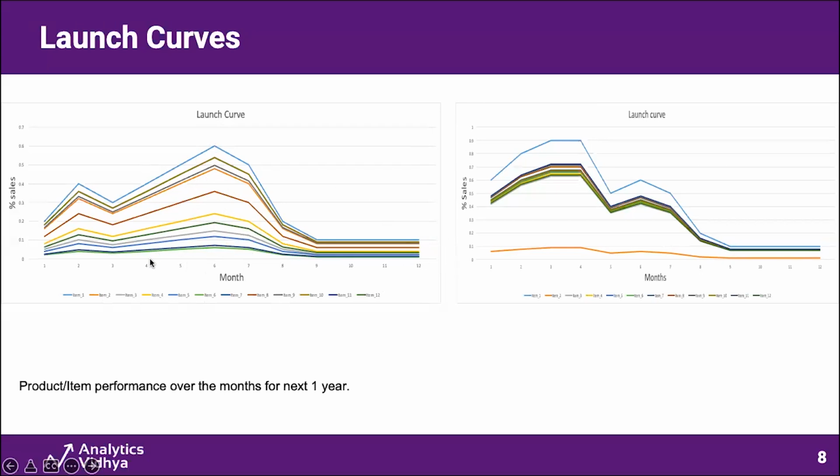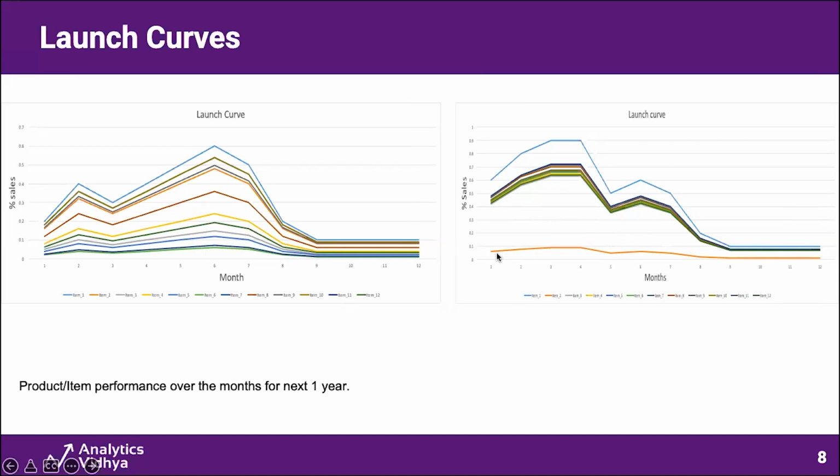Ideally, if your data set is very good, you might arrive at very tight clusters like this. But what happens if it's not ideal? You see here, this is again following the same trend. But if it is not ideal, you might arrive at a lot of curves which look like this particular orange line.